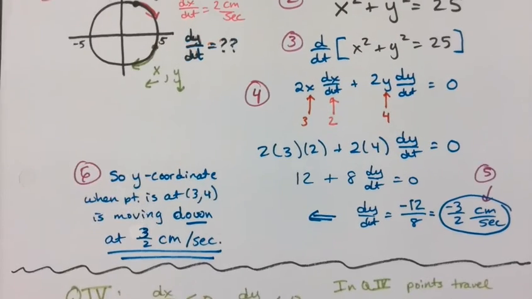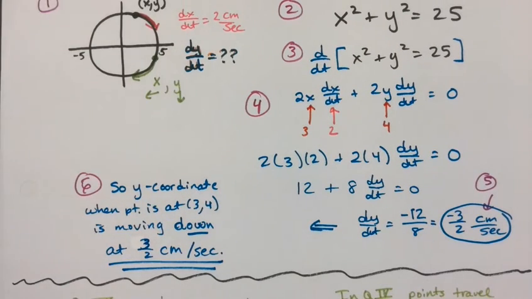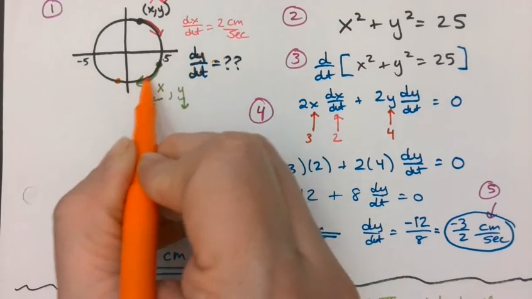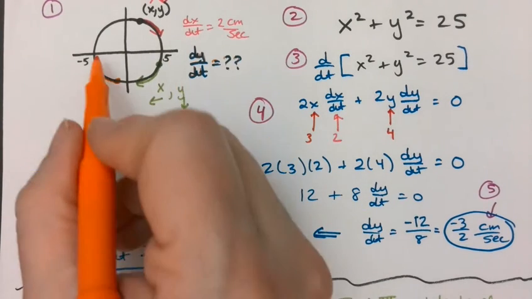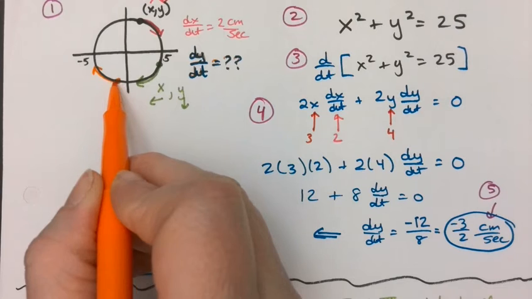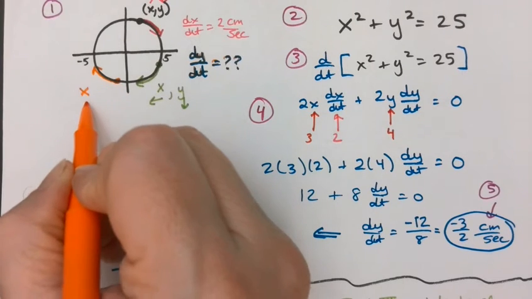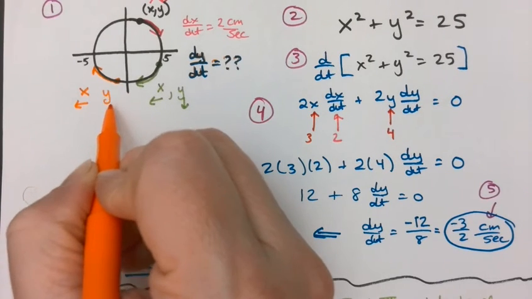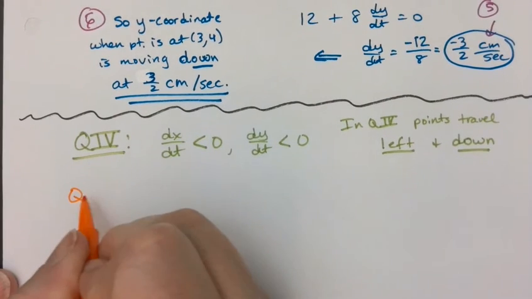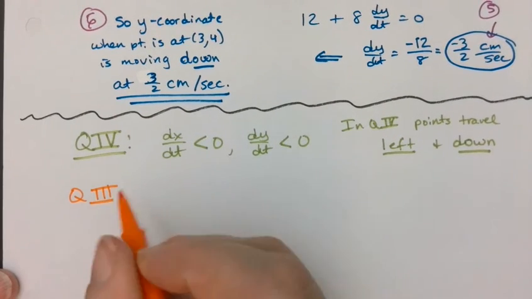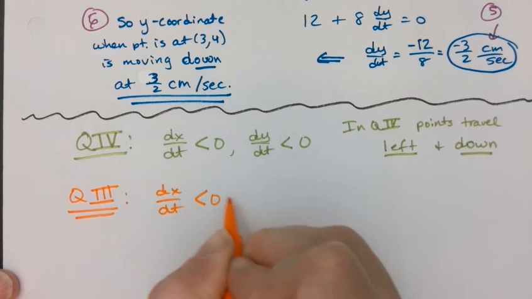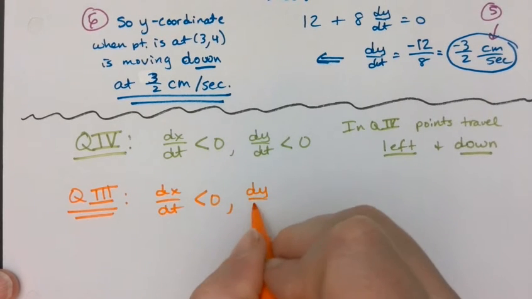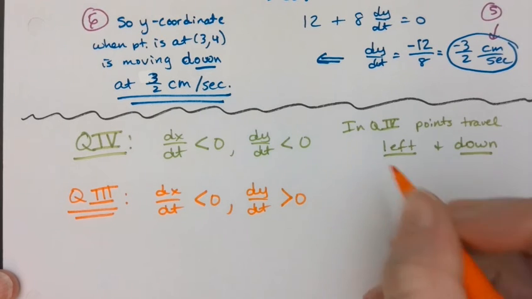Okay, now what about quadrant 3? If I have a point here in quadrant 3, so I slip over into quadrant 3 and I start going this way because I'm trying to travel in a clockwise direction, what happens to the point? The x is going to the left, but now the y is going up. So in quadrant 3, dx/dt is still less than 0, but dy/dt has got to be greater than 0.